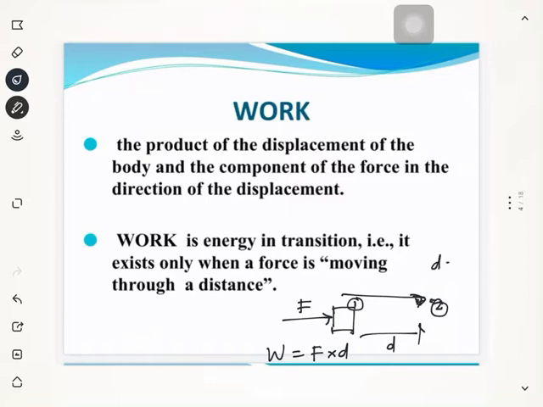This displacement is equivalent to d2 minus d1. That is your d2 minus d1. So that is your displacement.